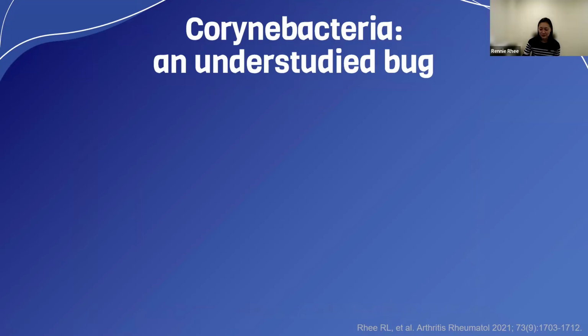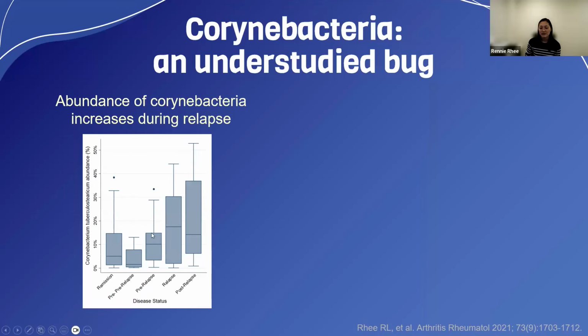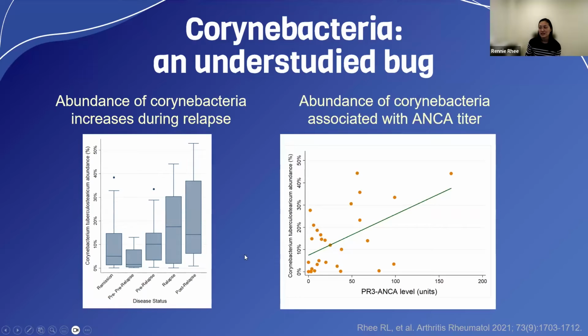I've subsequently learned it's actually very difficult to grow from a swab. But what we found is that these bacteria were increasing leading up to a relapse. We were also seeing that they were associated with ANCA titers, which is a blood test that has been associated with the disease.